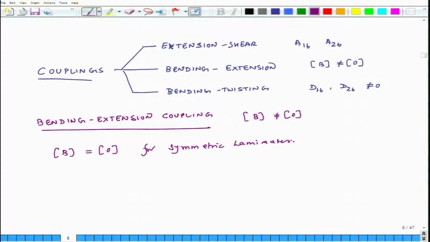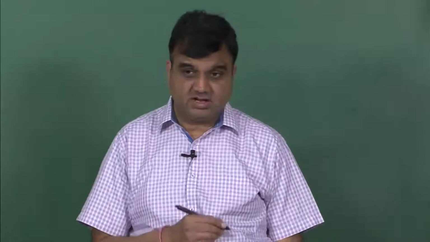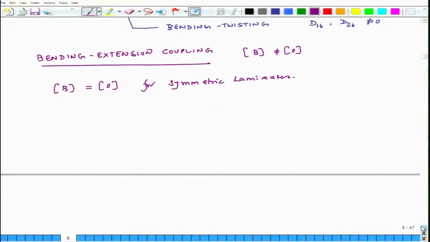That is, if there is a layer oriented at positive angle theta at a particular distance below the midplane, and if there is a similar layer above the midplane oriented in the same direction, then that kind of a laminate is a symmetric laminate.